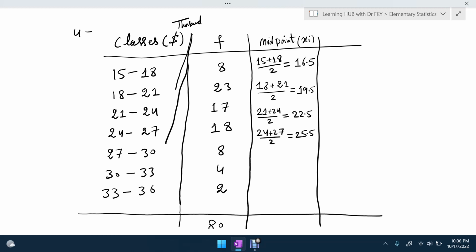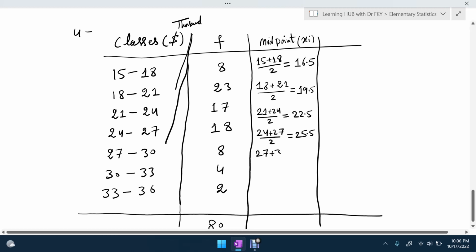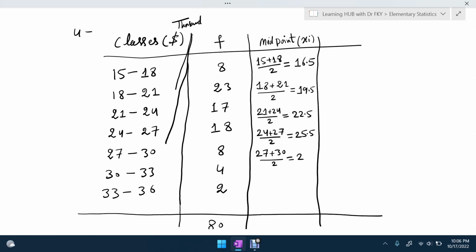There should be a difference of 3 because the difference is constant, so you can do the same way here. 27 plus 30 divided by 2 will give you 28.5. And 30 plus 33 divided by 2 will give you 31.5.